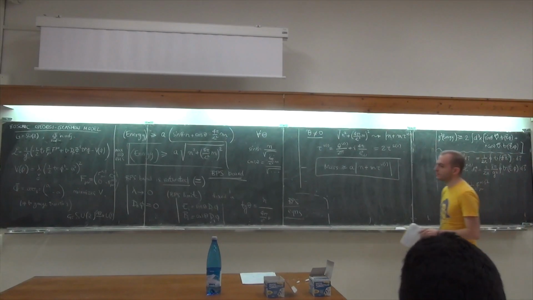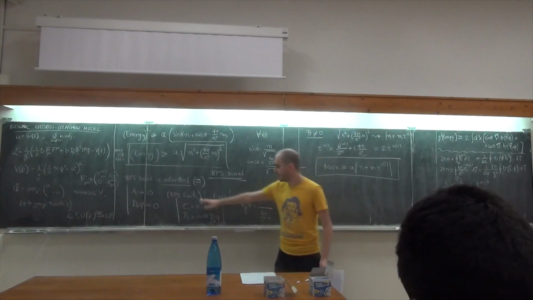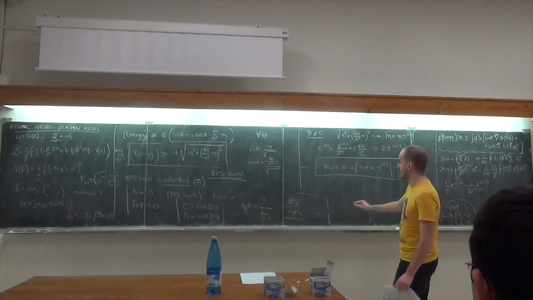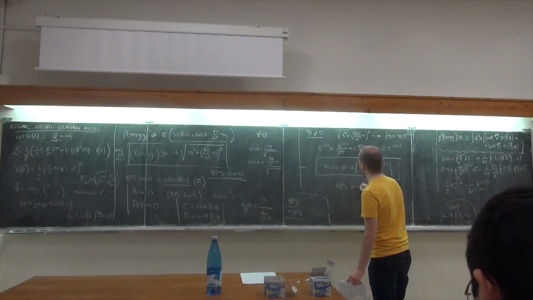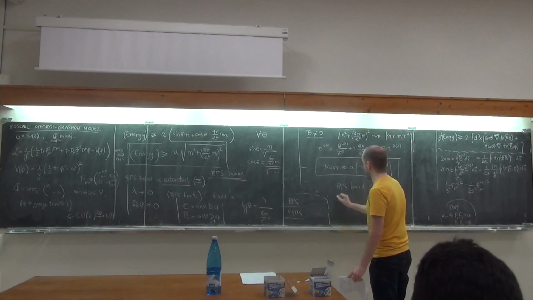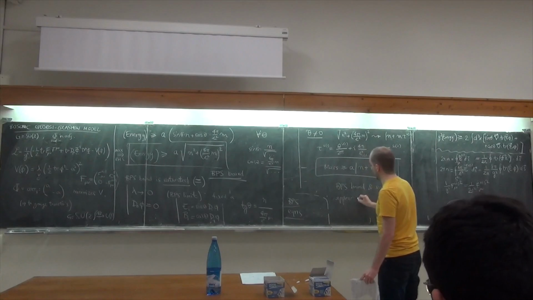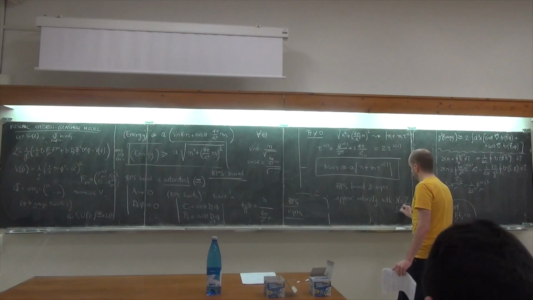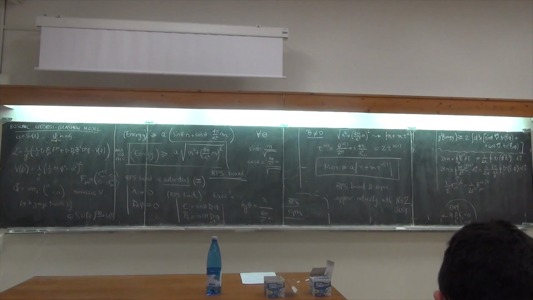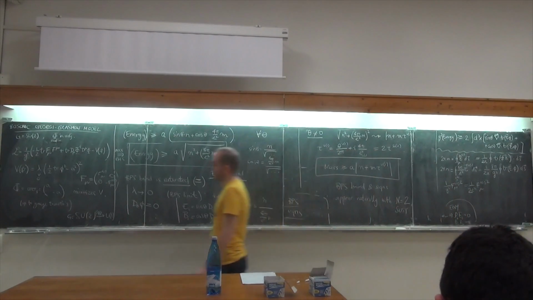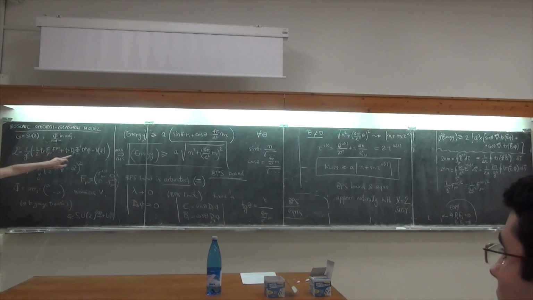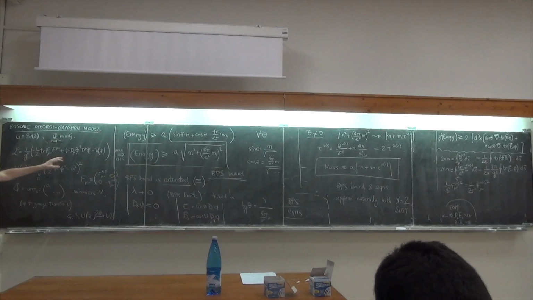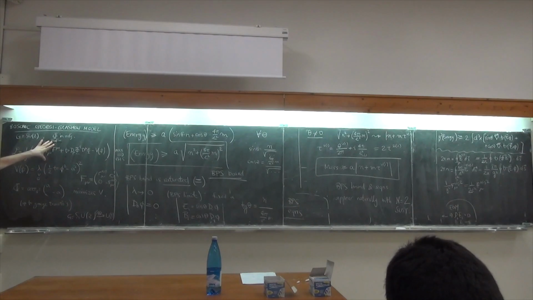Now this BPS bound and the BPS limit that we considered before might look a bit arbitrary, but we will see that the BPS bound and equations appear very naturally with N=2 supersymmetry. In a theory with N=2 supersymmetry, as I'm going to review in the next hour or so, in the vector multiplet you have not only the gauge field, but also a scalar field in the adjoint representation, which is a complex field, plus fermions, and then essentially it will fall into the same class of theories which I consider here.